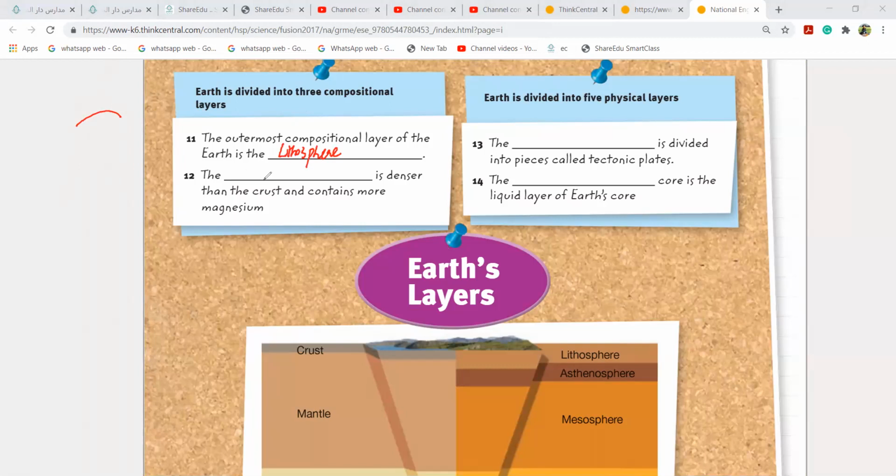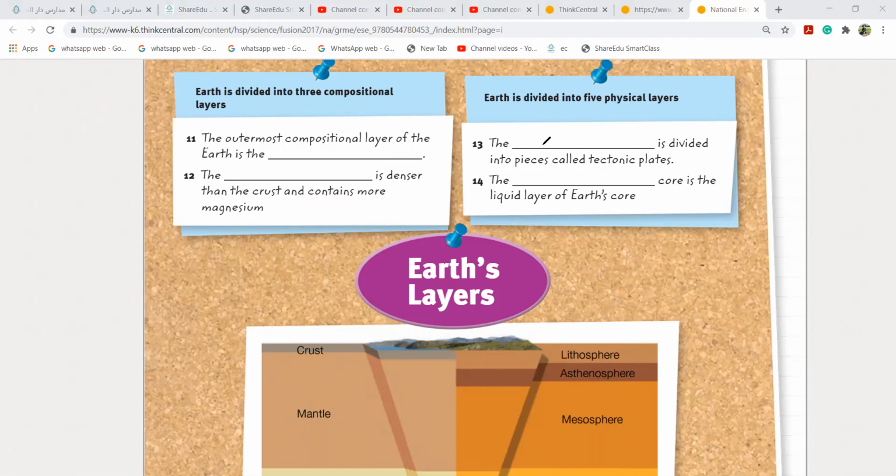What is denser than the crust? The mantle, very good. Crust or lithosphere, it can be both. Even if you say crust, it is a lithosphere, it's not wrong. The outermost layer is crust, but even lithosphere is a part of the crust.